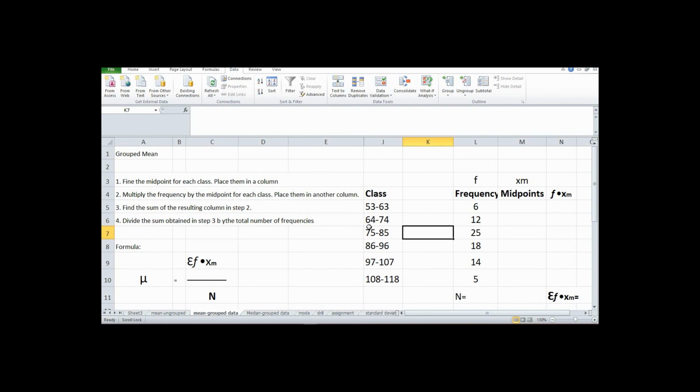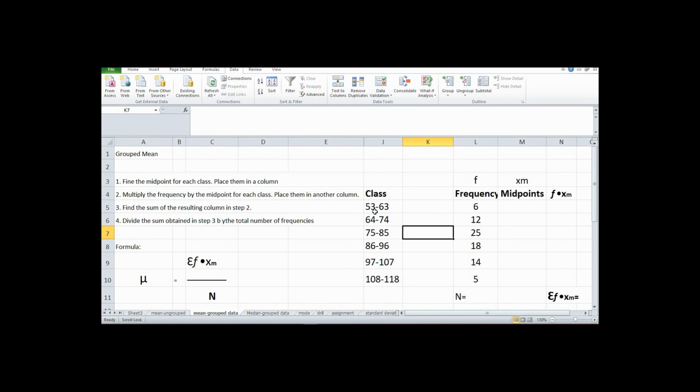Second class or group is 64 to 74, 75 to 85, 86 to 96, 97 to 107, 108 to 118. If you will observe, our class width is 11. 53 minus 63, that is 11. Now, this is a given data.